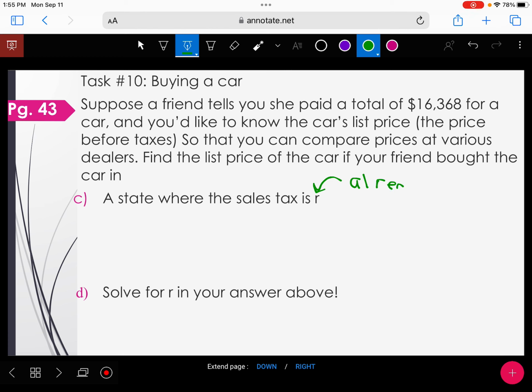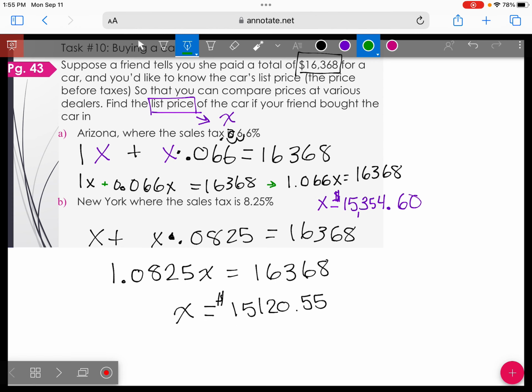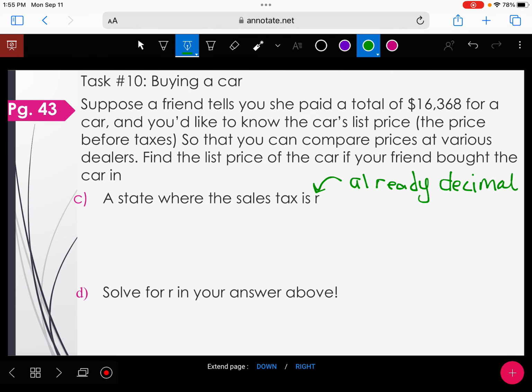So we're going to treat it like it's decimal. We don't have to switch it from percent to a decimal. It's in decimal form. For example, if it was 6.6%, our tax rate was 0.066, just to clarify the thought. So this is the rate. This is the percent. So it's already a decimal.